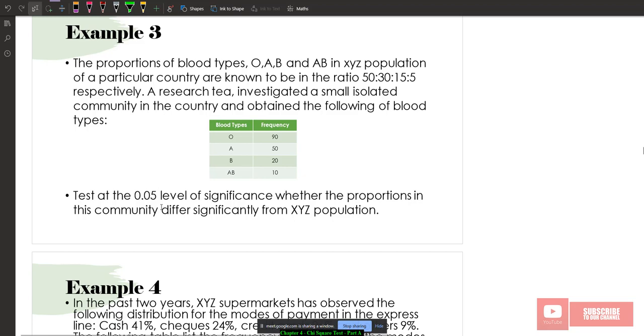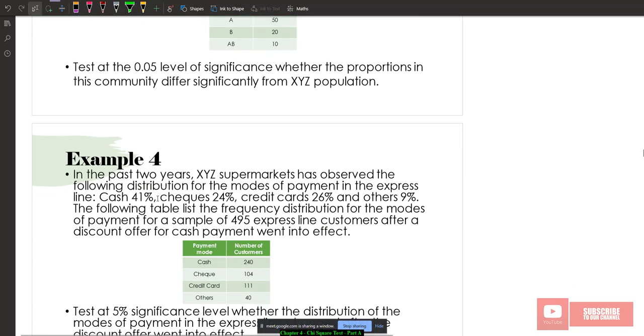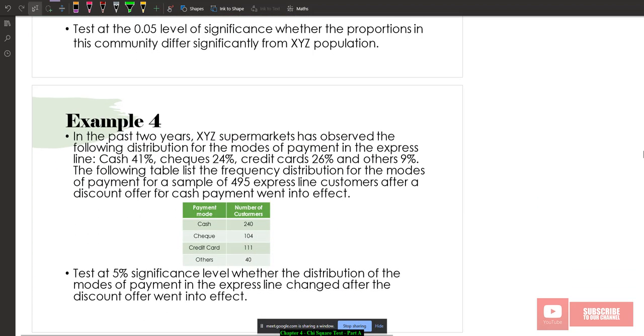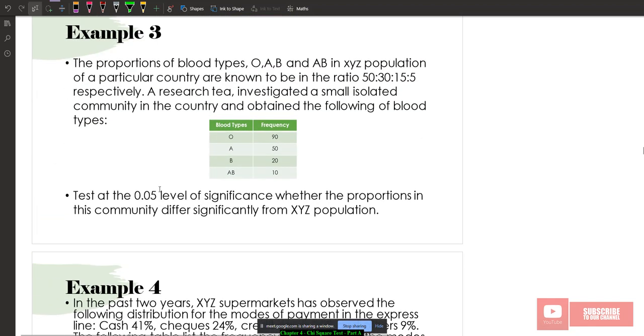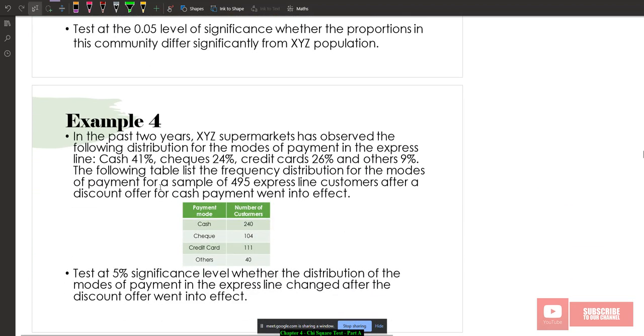So example number 3 and example number 4, please treat these as your homework. Please do it by yourself. If you don't understand, please discuss with your friends, and please ask me if you get stuck solving the problem. Basically, the procedure for example number 3 and example number 4 is the same as example number 1 and number 2.